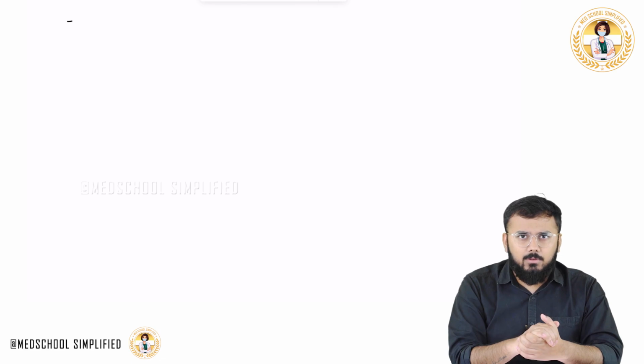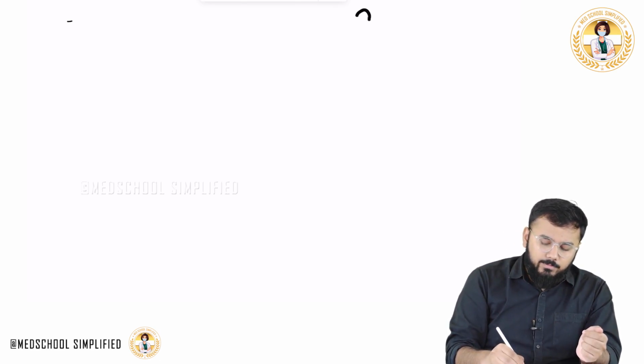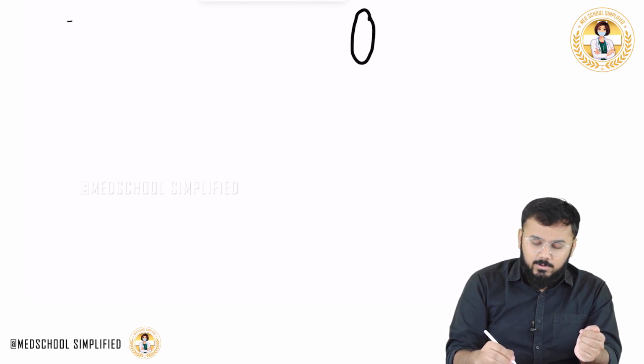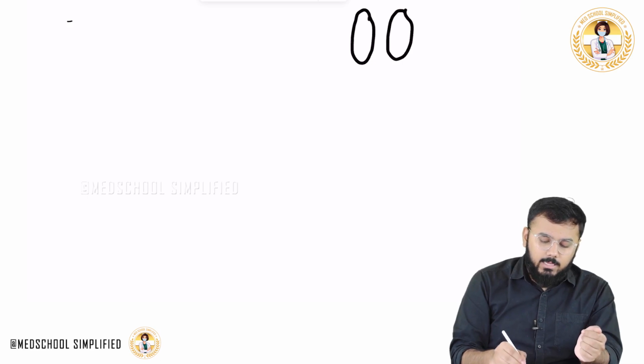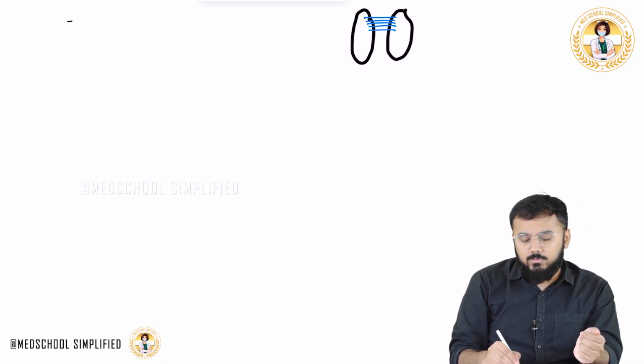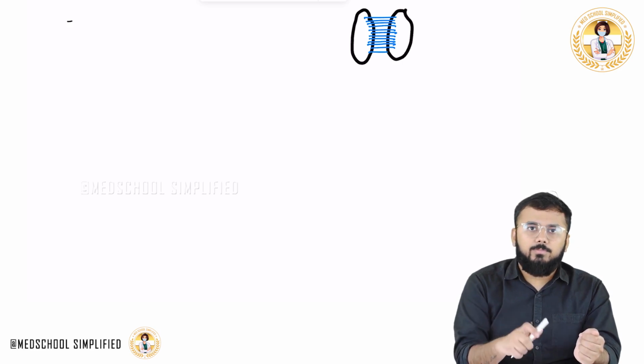If these commissural fibers are cut down, then the right hemisphere will act differently and the left hemisphere will act differently. In a simple picture, let us say this is one cerebral hemisphere, this is another cerebral hemisphere. Connecting both the cerebral hemispheres, these fibers are called commissural fibers, right?